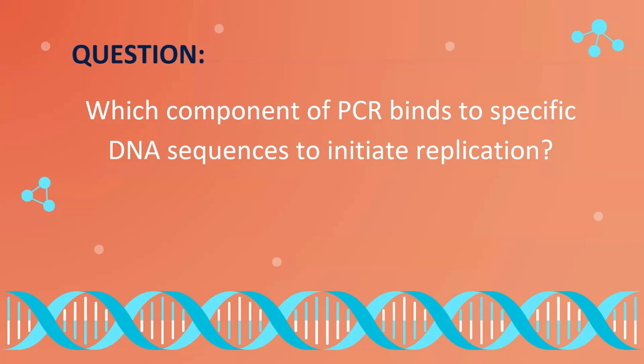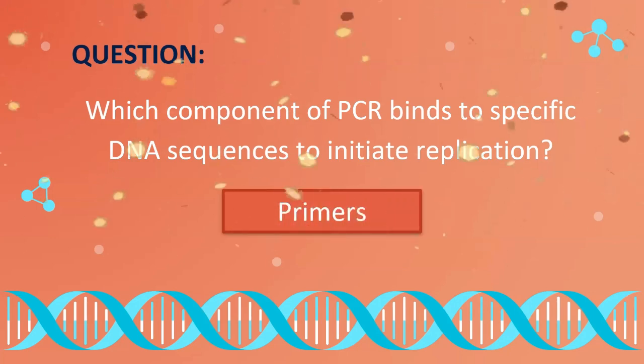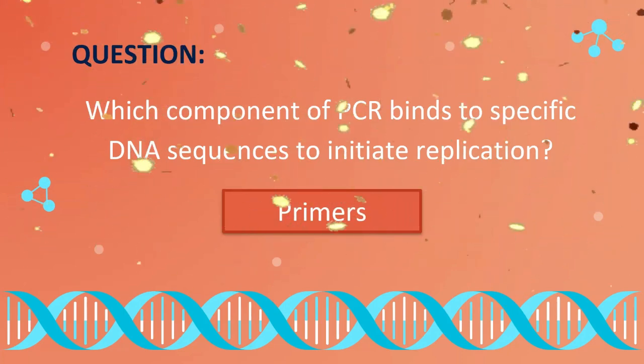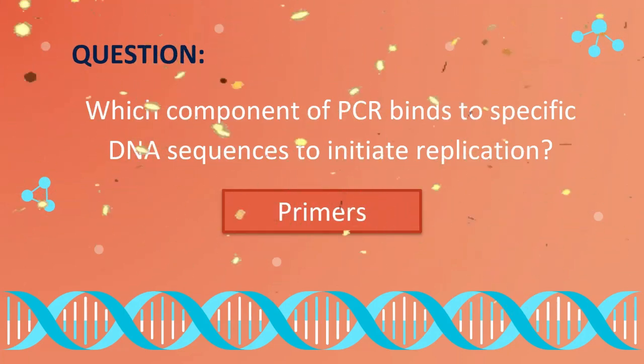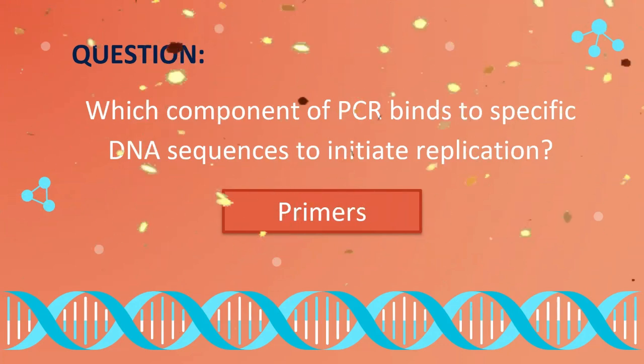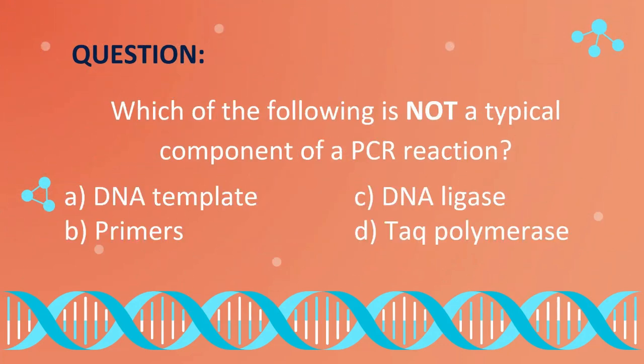Para magbabind na po siya to specific DNA sequences. So we use primers. Okay. So let's proceed. So which of the following is not a typical component of a PCR?